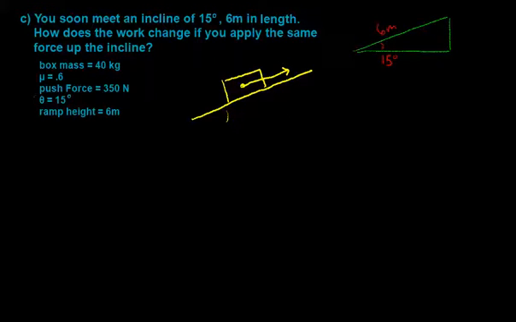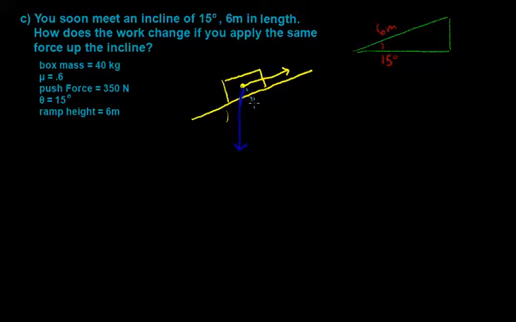And then as we go up the ramp, we have gravitational force pointing down toward the ground. What a horribly unstraight line. But regardless, our gravitational force pointing down.